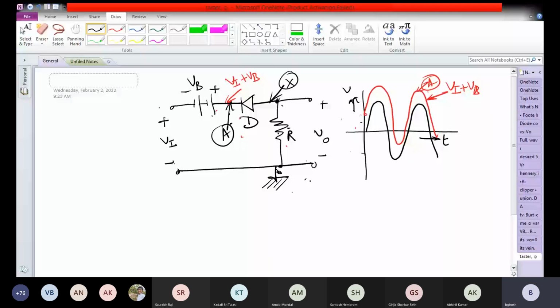So the voltage at point X never rises above 0.